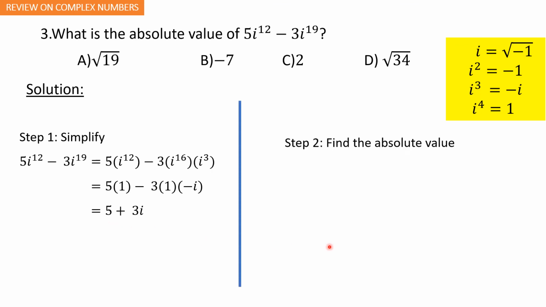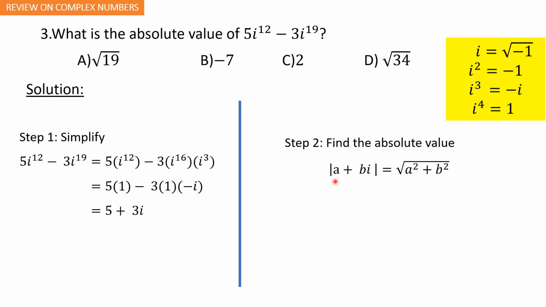So, syempre, step 2 na tayo. Let us find the absolute value. So, we will refer it to the absolute of a plus bi. Ayan, kung bakit sinimplify natin na ganito, kasi kailangan nasa form siya na ganyan para makuha natin yung absolute value. Is equal to the square root of a square plus b square.